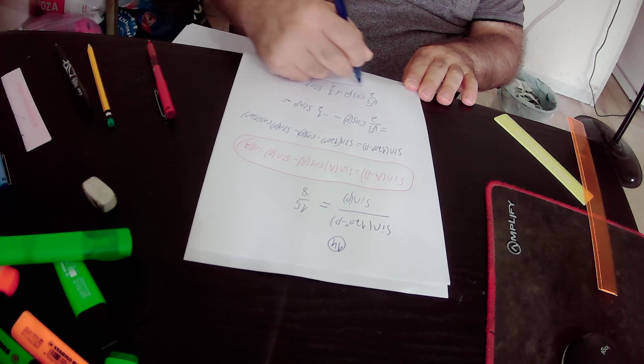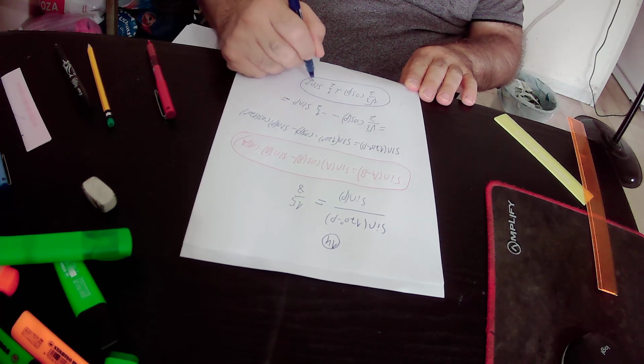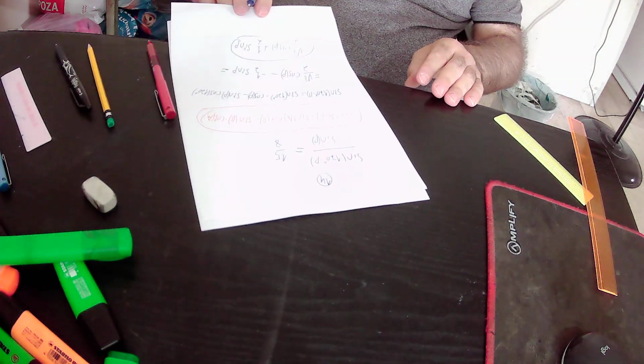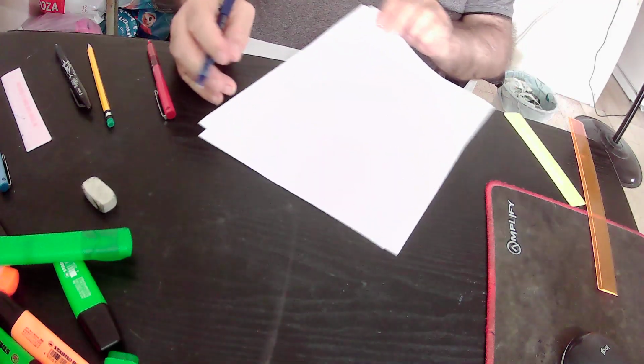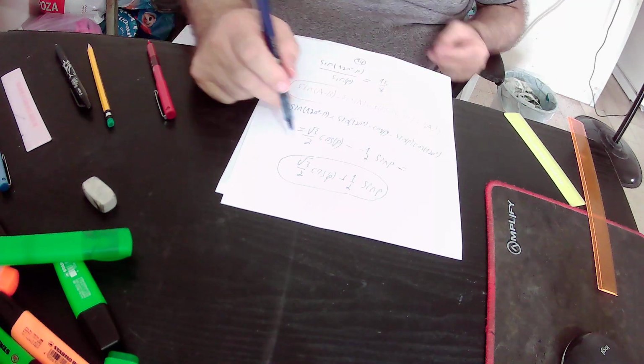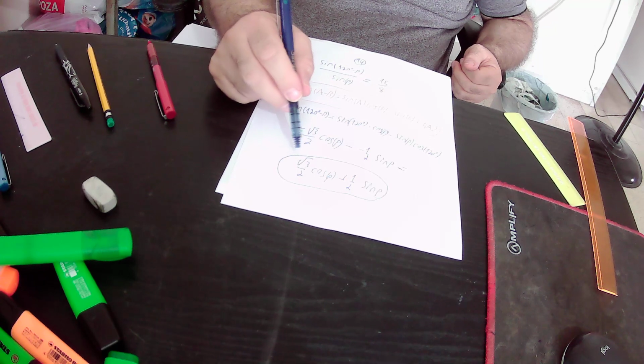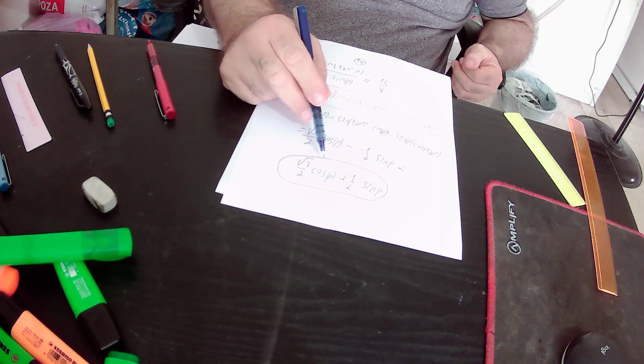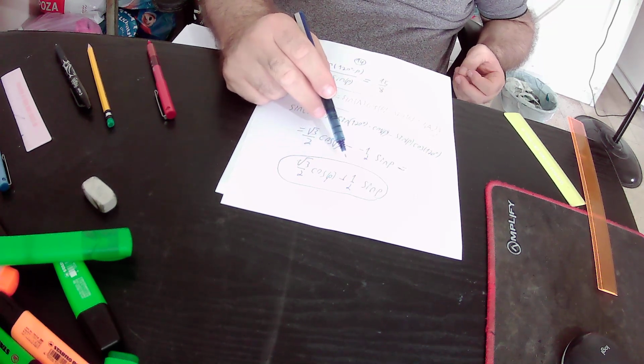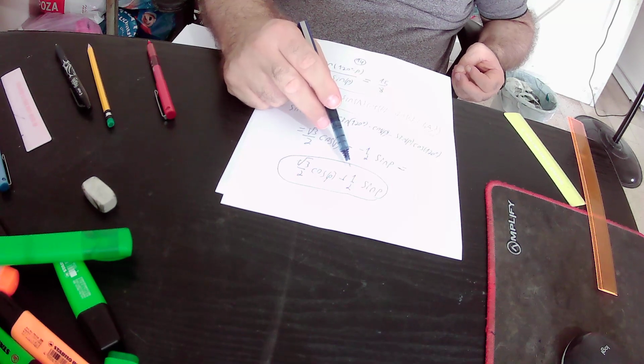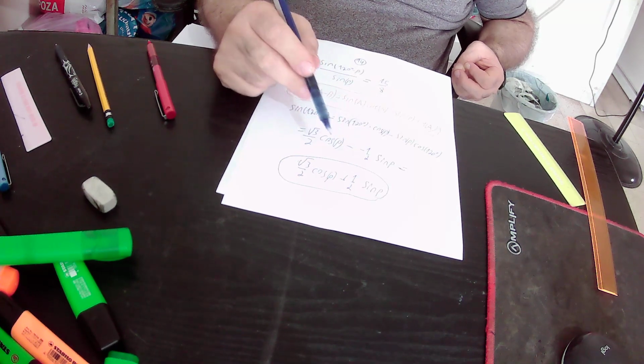So we found that sine 120 degrees minus p equals root 3 over 2 times cosine p plus 1 over 2 times sine p.